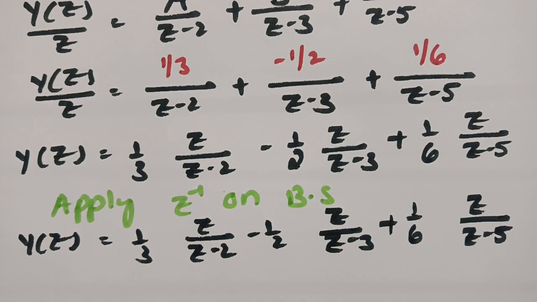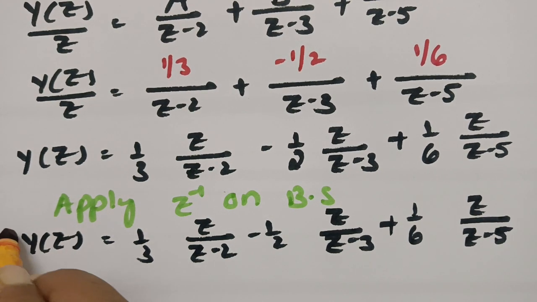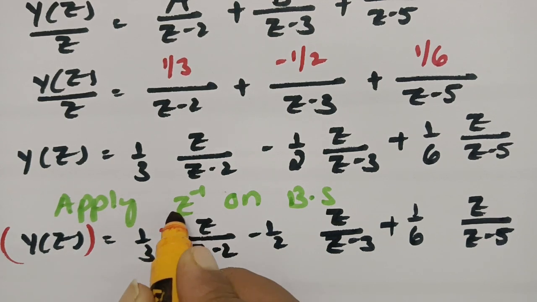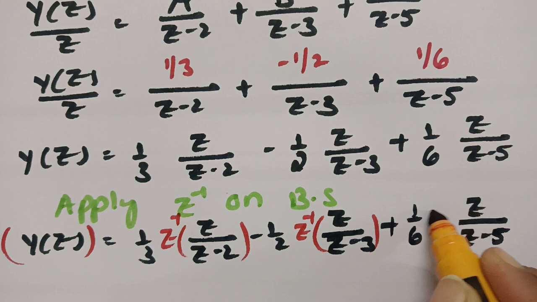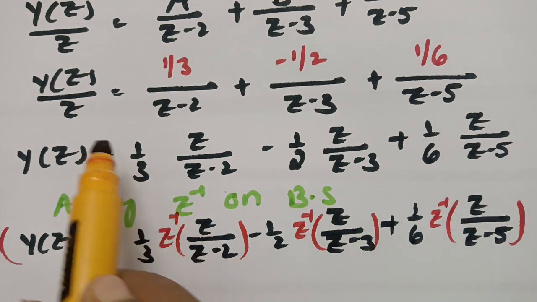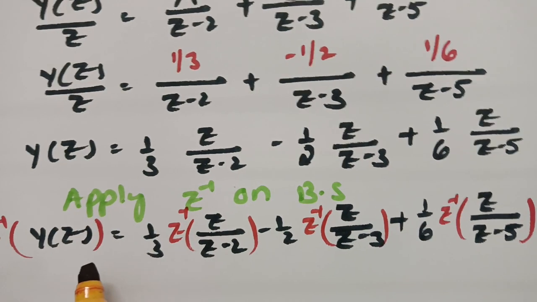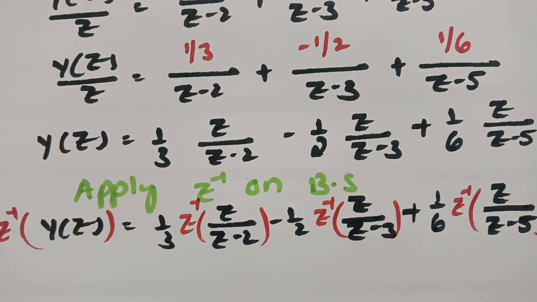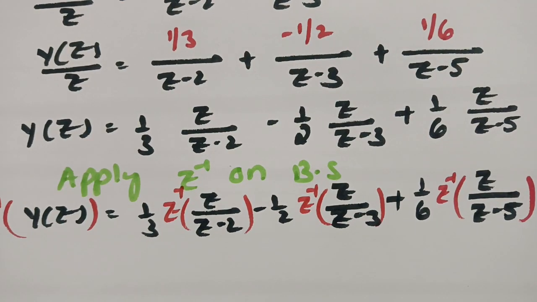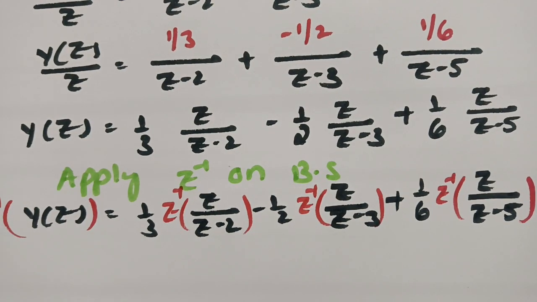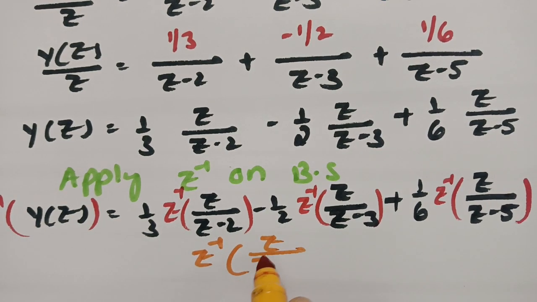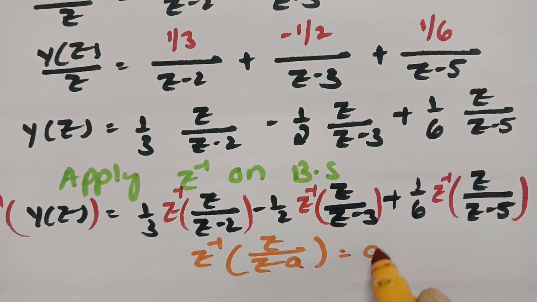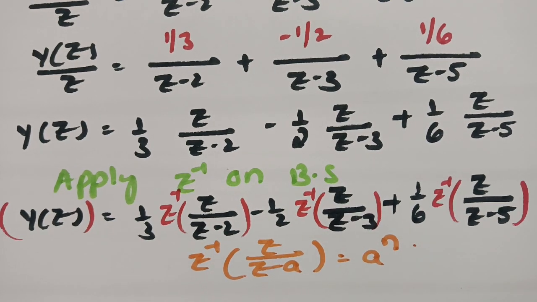So I am applying z inverse on both sides. For this equation, if I apply z inverse throughout, we have a special function here. According to our formula, z inverse of z by (z minus a) can be written as a power n.